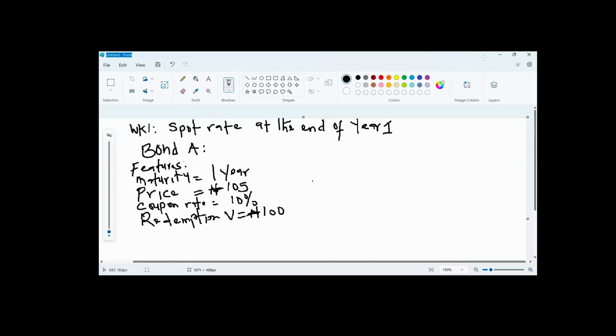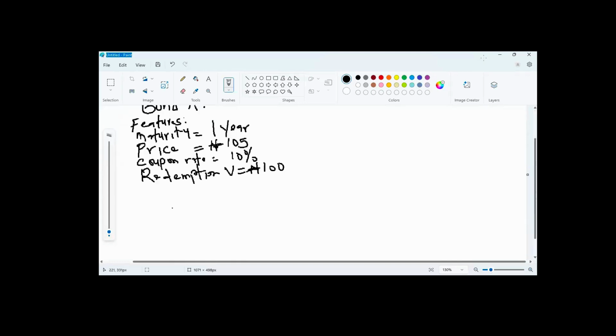Once you have gotten the features, now determine the expected future cash flows for bond A. We have annual interest.